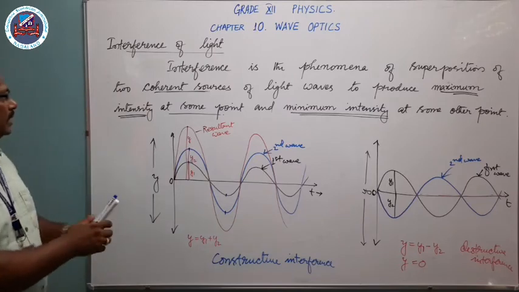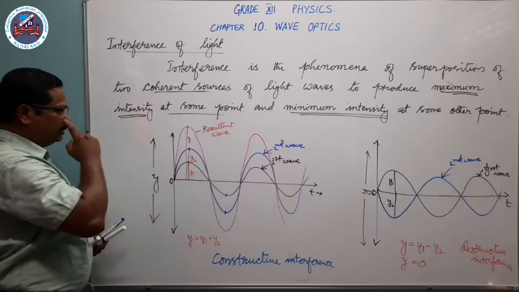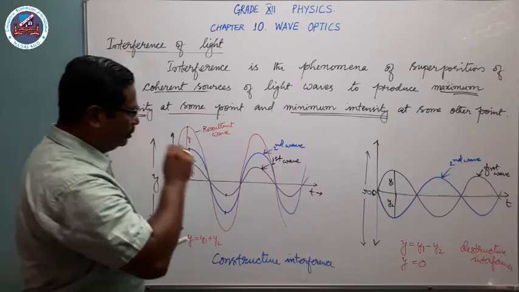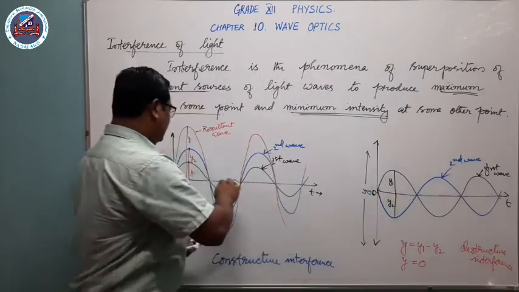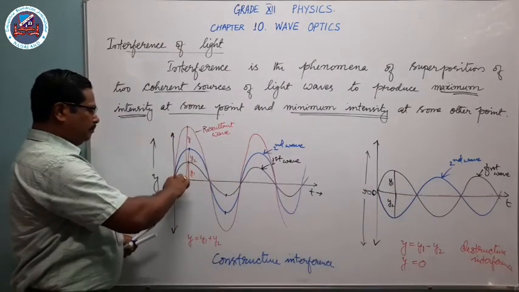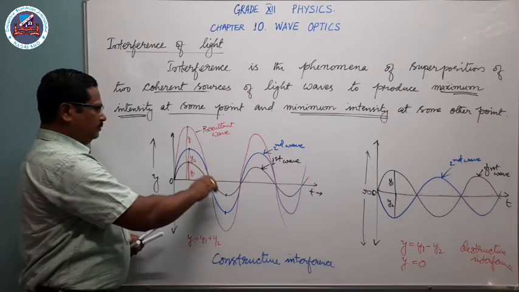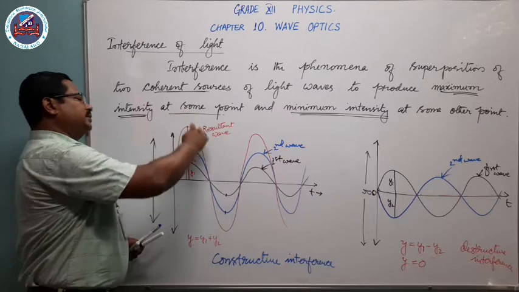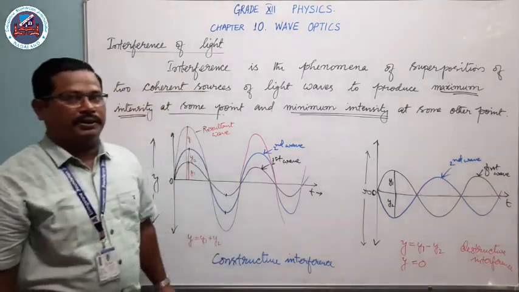That's why to study interference, the sources must be coherent. That means the amplitudes must be almost the same. Then you get destructive. And here also, if I increase this amplitude, if I make the displacement y1 here itself coinciding, then also the resultant will become maximum. That will give you constructive interference.